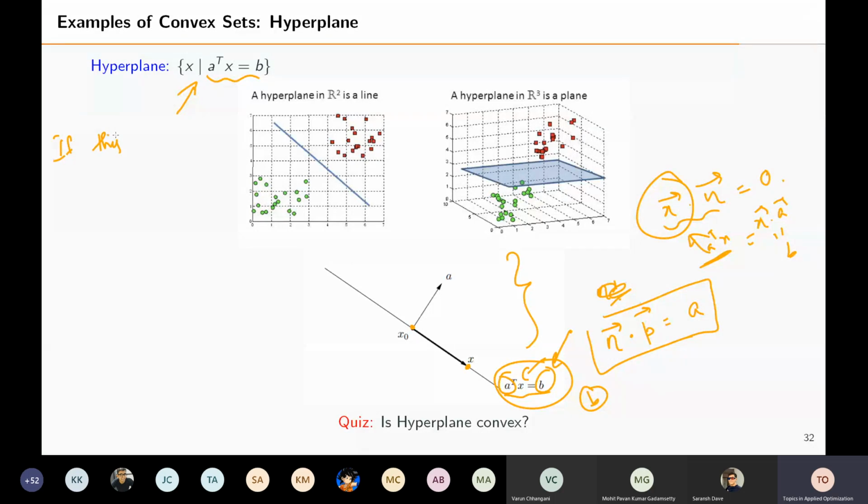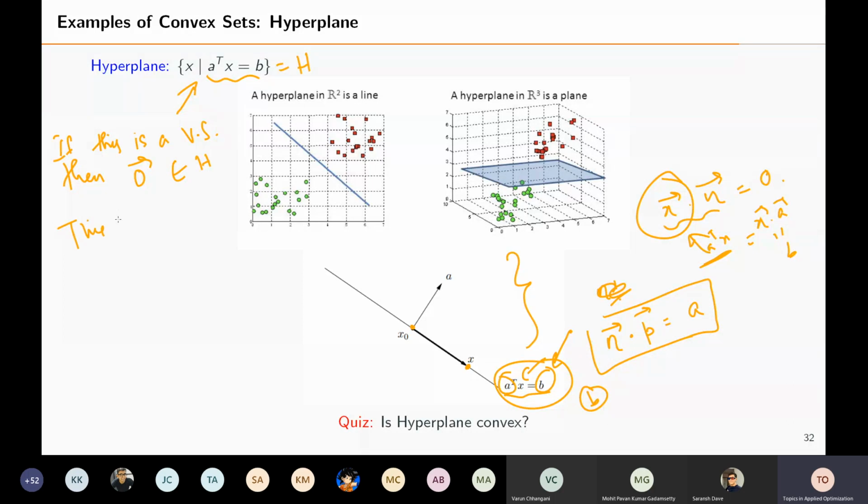If this is a vector space, then we know from the linear algebra review that for a space to be a vector space, the origin should be there. The 0 vector should be in H. But that 0 vector will be in H only if b is 0, right?